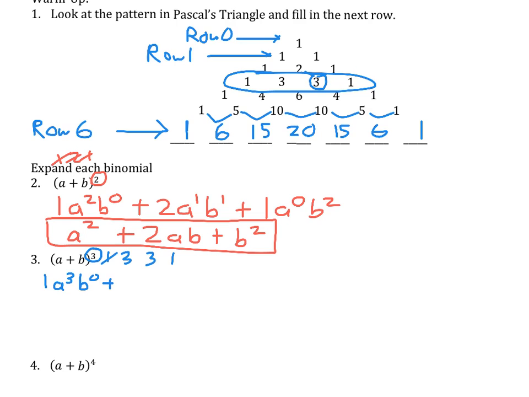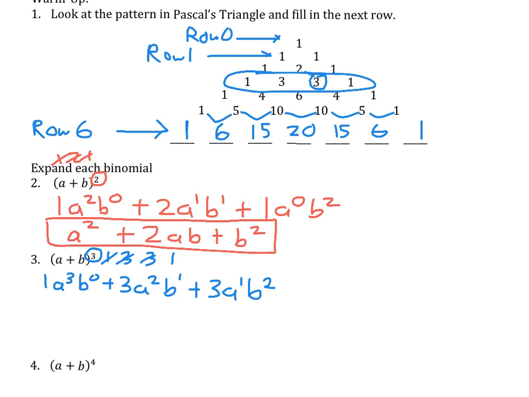Plus, I used the 1, now I'm going to use the 3. 3, the a drops by 1, the b goes up by 1. I used the 3, now I'm going to use the second 3. 3, a goes down by 1, b goes up by 1.